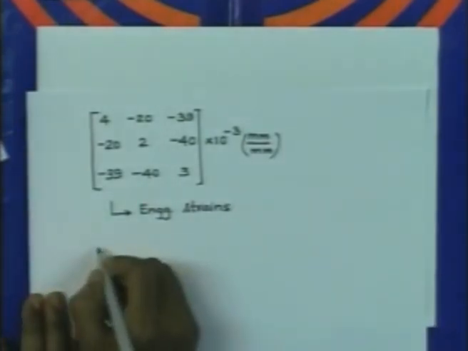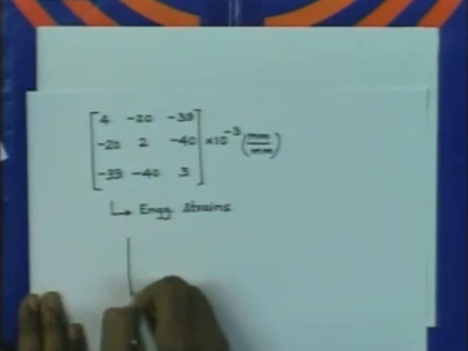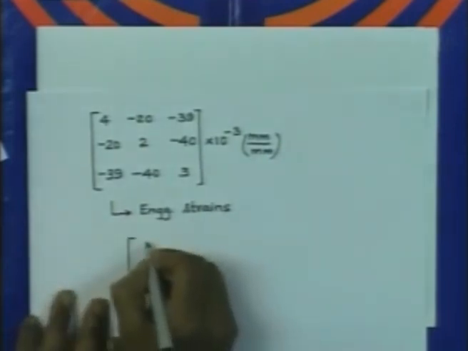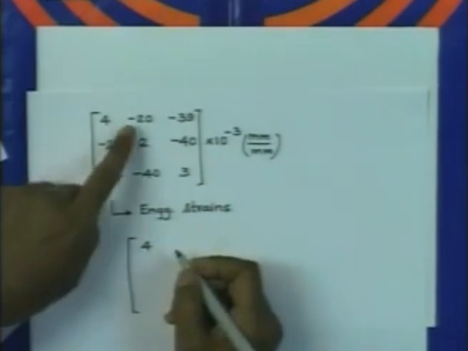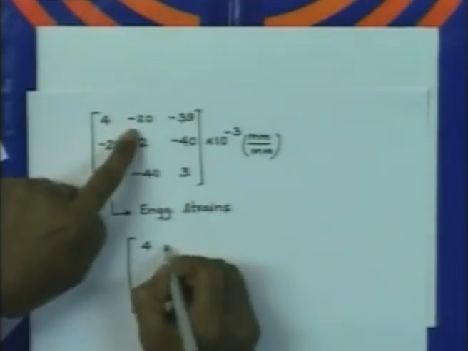If we want the tensor components, it is going to be 4. This will be half of what we have here.